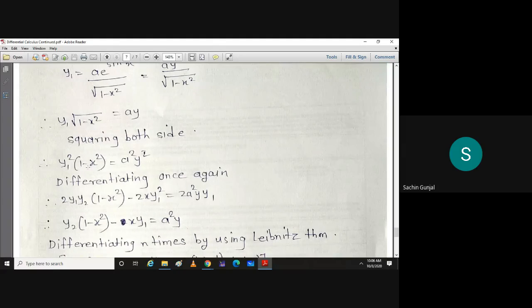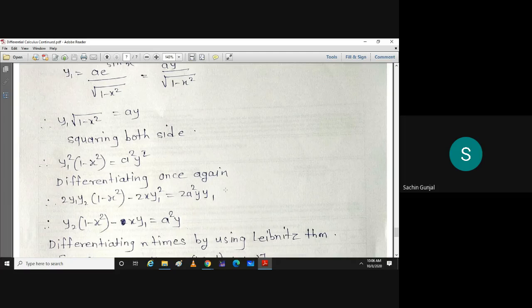So 1 minus x square as it is, the derivative of y1 square is 2 y1 y2, plus y1 square as it is, the derivative of this bracket is minus 2x, equal to a square as it is, the derivative of y square is 2 y y1.